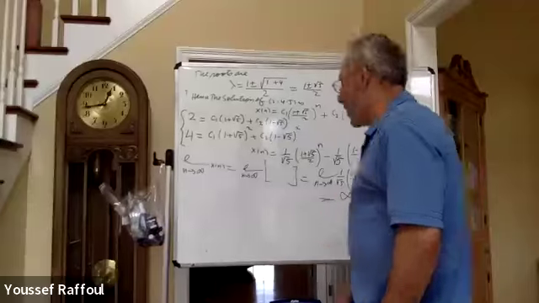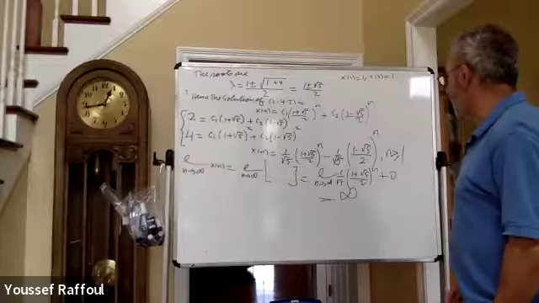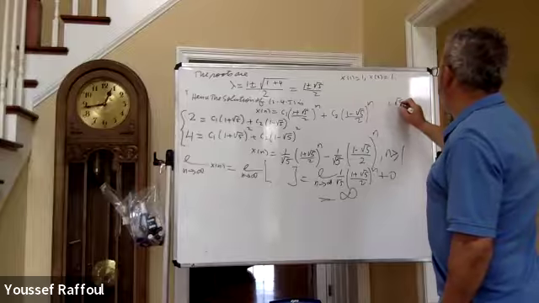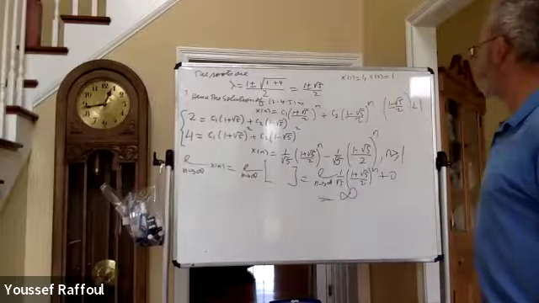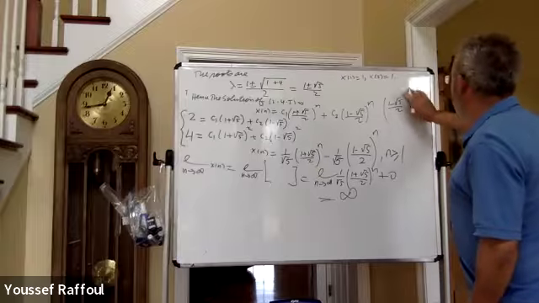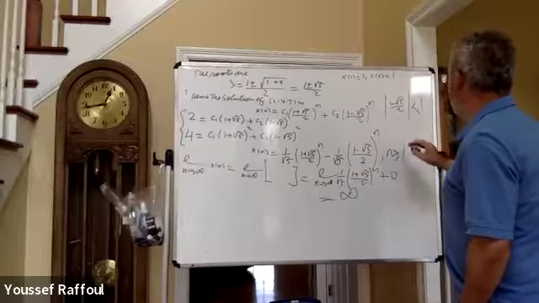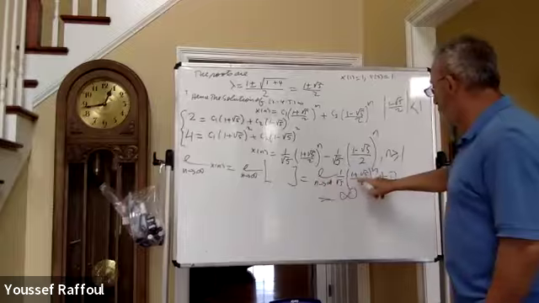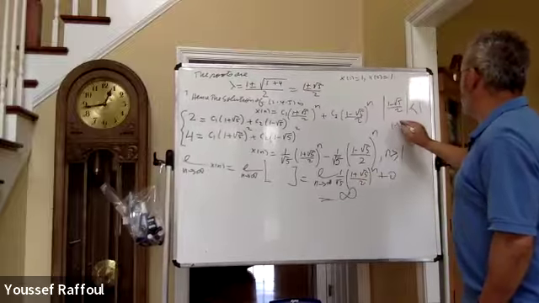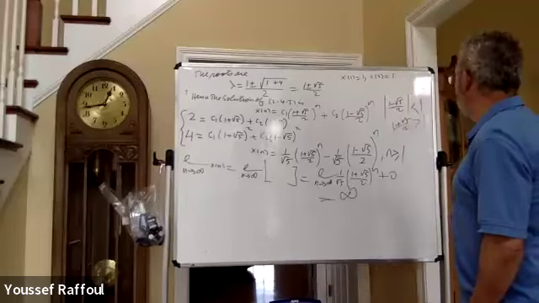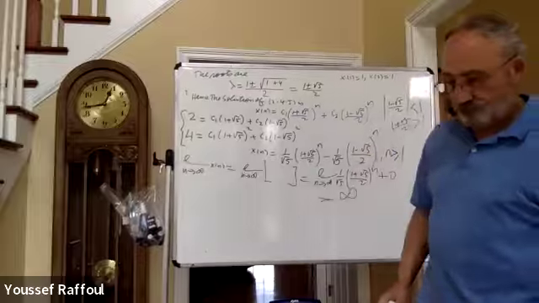Because this number goes to 0: 1 minus square root of 5 divided by 2 is, in absolute value, less than 1. And 1 plus square root of 5 divided by 2 is bigger than 1. So as n goes to infinity, this goes to infinity, this goes to 0.